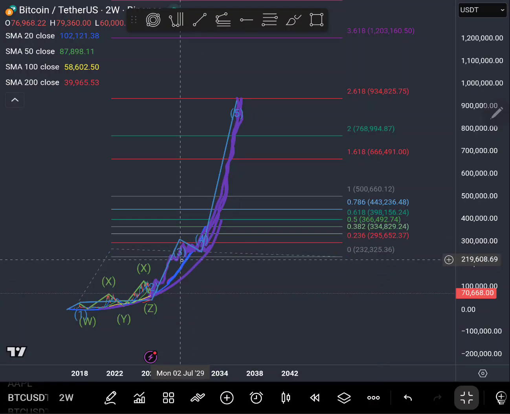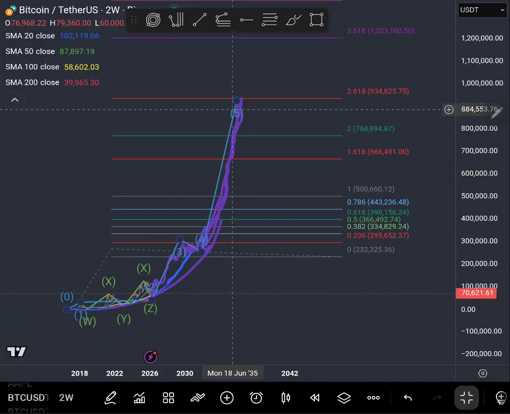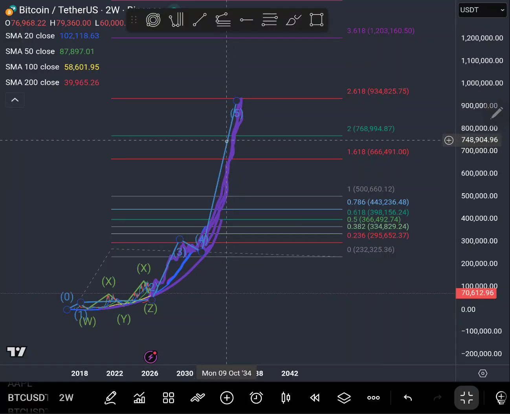Expect a correction that will probably stay above $200,000 and then move up to above 750,000. In my opinion, it'll probably go past 750,000, and could even get close to $1 million a coin.